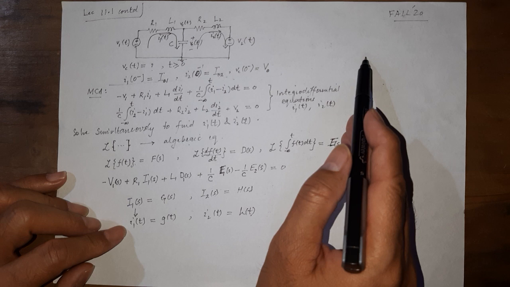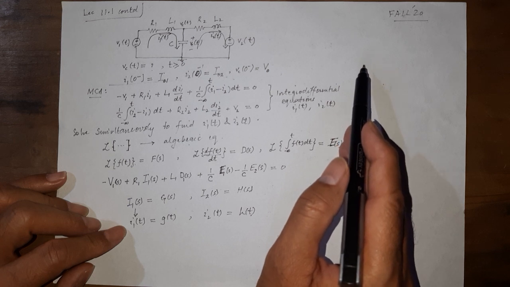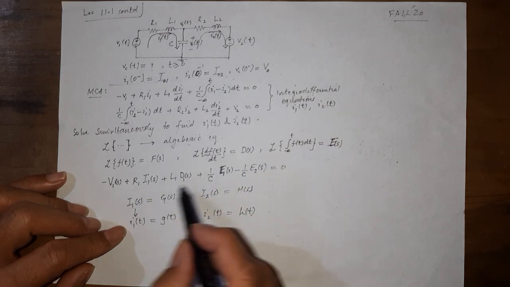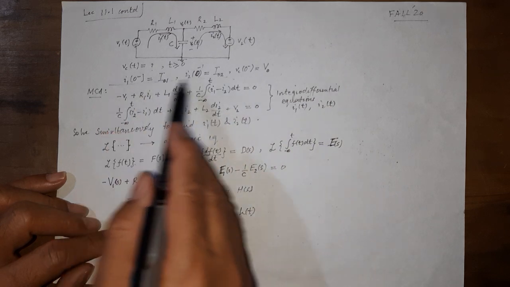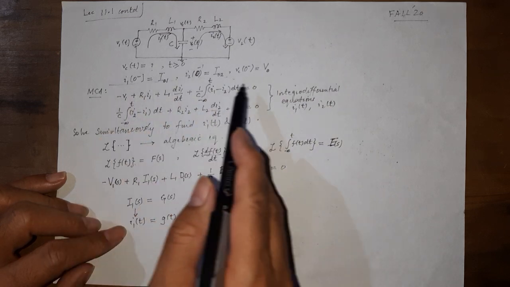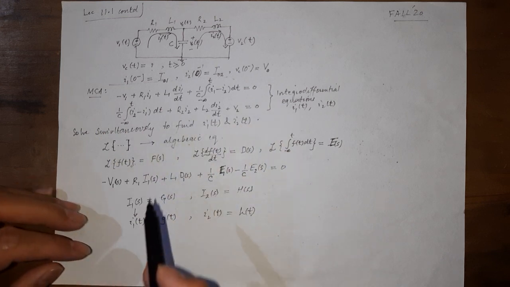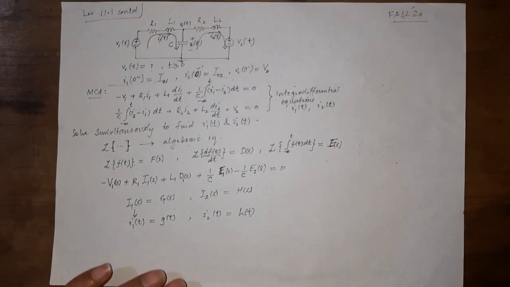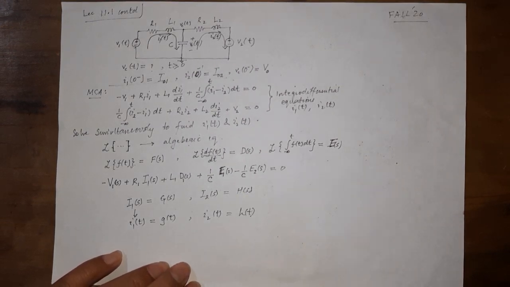And using that circuit, we will just use NVA or MCA to write these algebraic equations directly. So we will skip this step. This is a complicated process, but we are going to skip this, and we will be able to solve this.